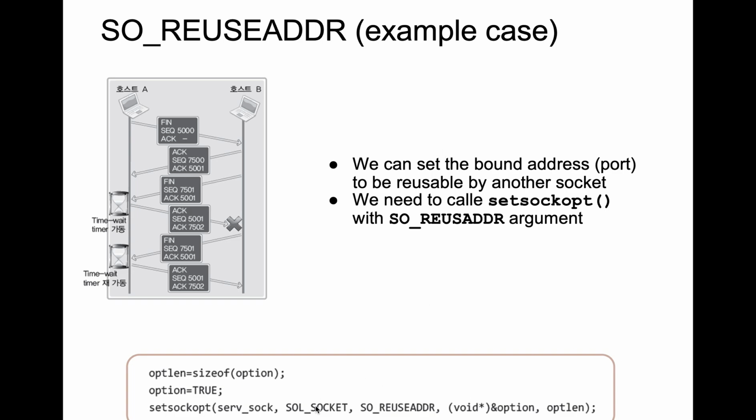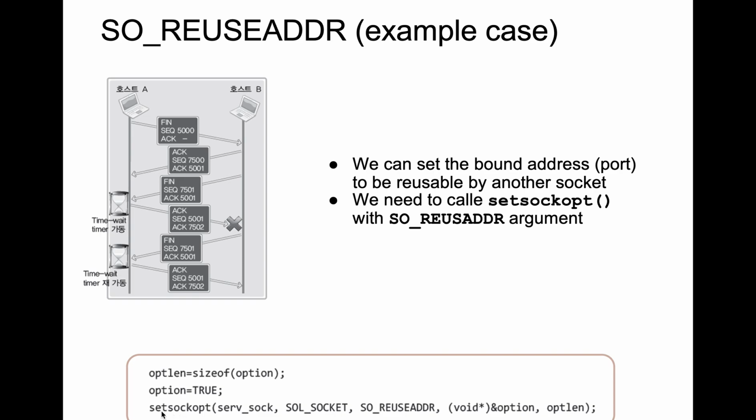I want to remind you that this is just one example case that shows you the use of set socket option and get socket option. This can be used to handle real world issues. For example, FTP, the file transfer protocol, uses reuse address because sometimes it goes through forcible process kills.